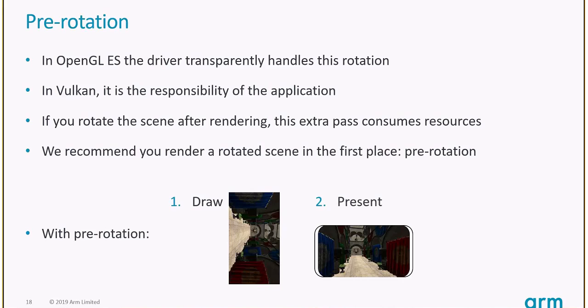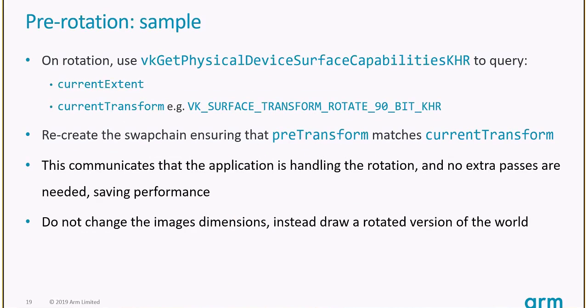So it's not easy, but there is a big chance for a performance improvement. Now, this again is a slide to serve as a reference. If you want to apply this pre-rotation system, what you have to do is just set the pre-transform to match the current transform you get from the presentation engine when you try to create a swapchain.